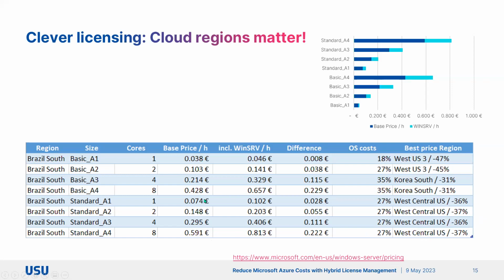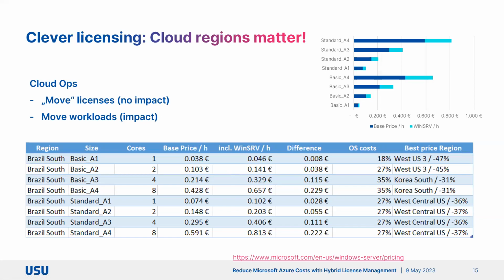And you might want to, if possible, move the workload, but at least use the licenses where you have the highest costs. So if you know that regions make a difference in the pay-per-use rate that you pay, then it's also logical to say, okay, let's use own licenses for the most expensive regions without moving the workload.